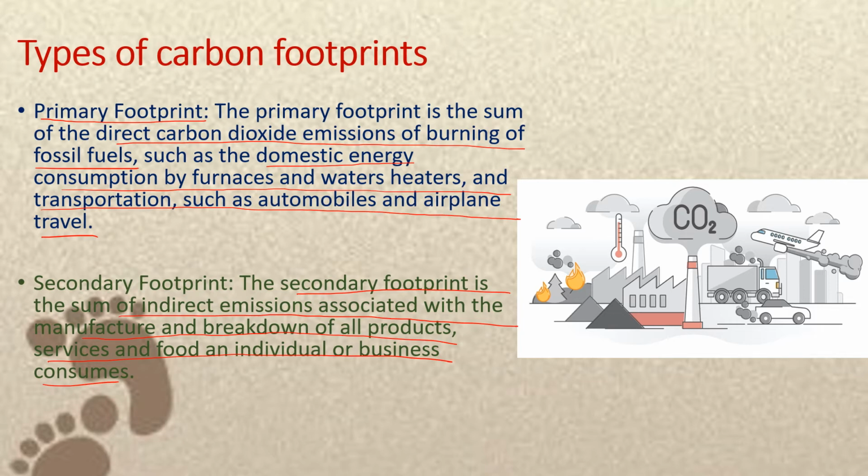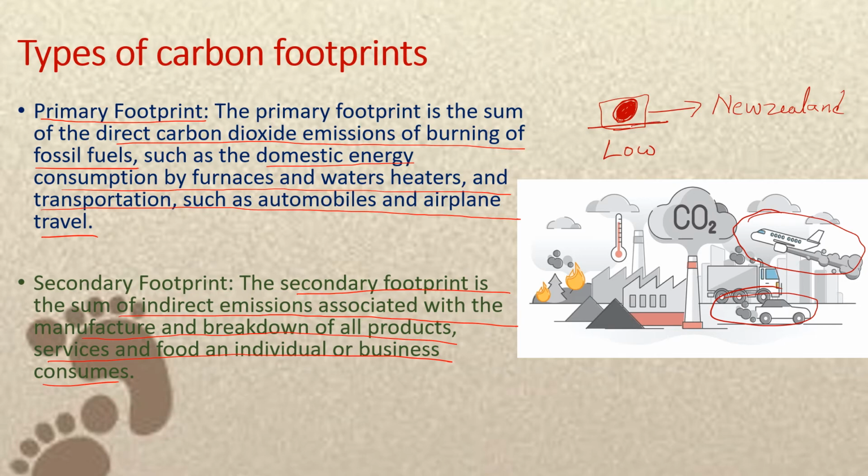Suppose you are buying a tomato. So there is a tomato and you are buying it, and this tomato is actually coming from your local market. It is being grown in a local area and you are buying it, so its carbon footprint will be low. However, if you buy the same tomato from New Zealand, suppose, it will be the same tomato, but it will have the whole transportation charge, the transportation by air, by whatever, everything would be added.